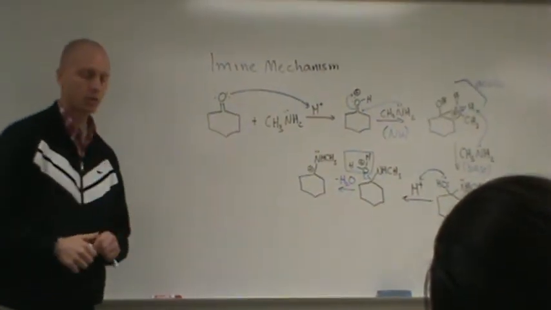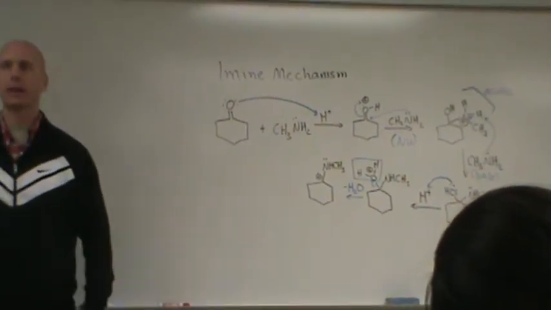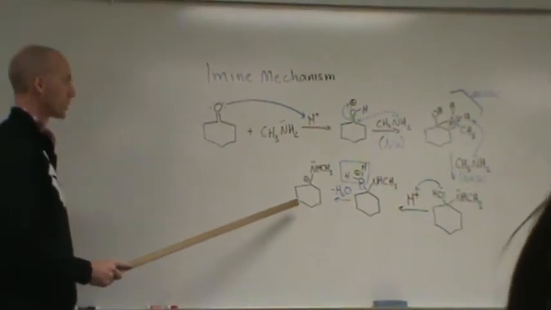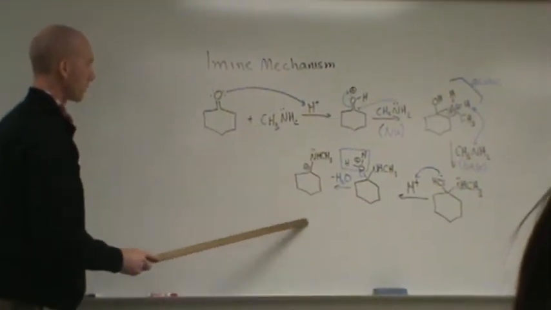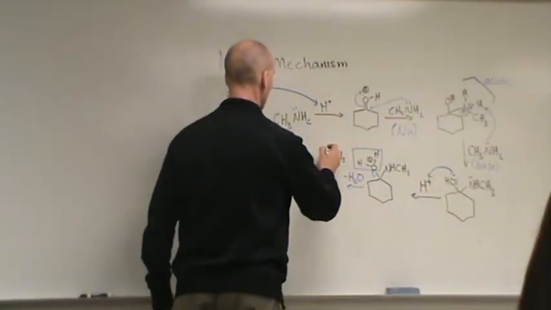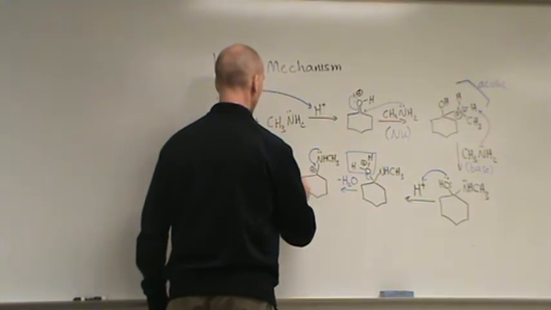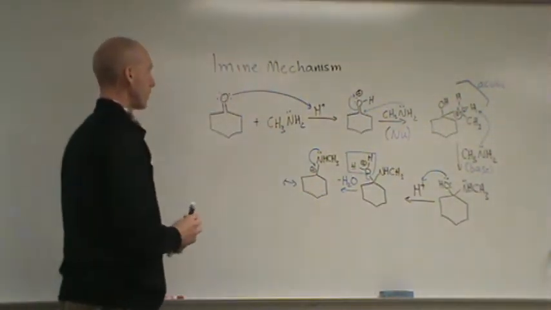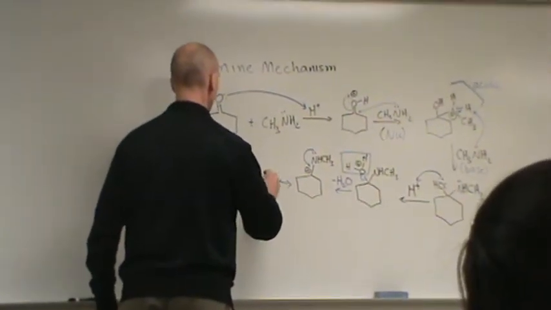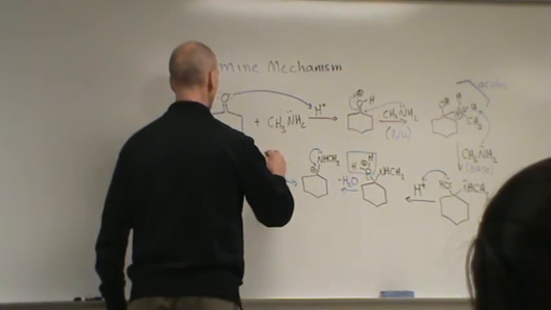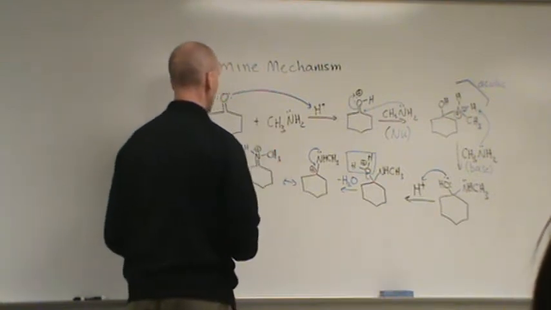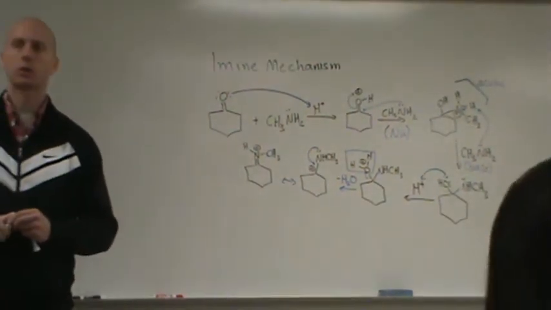So water leaves, and we get this carbocation forming. What's special about this carbocation? We can draw a resonance structure. So it's the exact same mechanism that we did last time. Let's draw resonance for that, and we get this structure here.